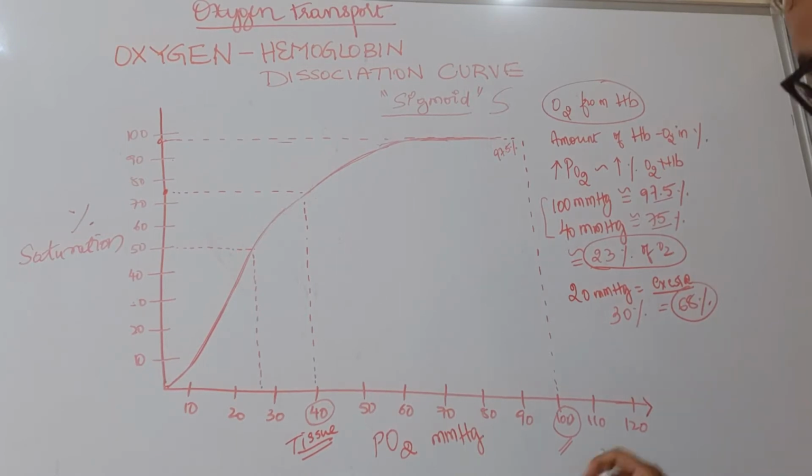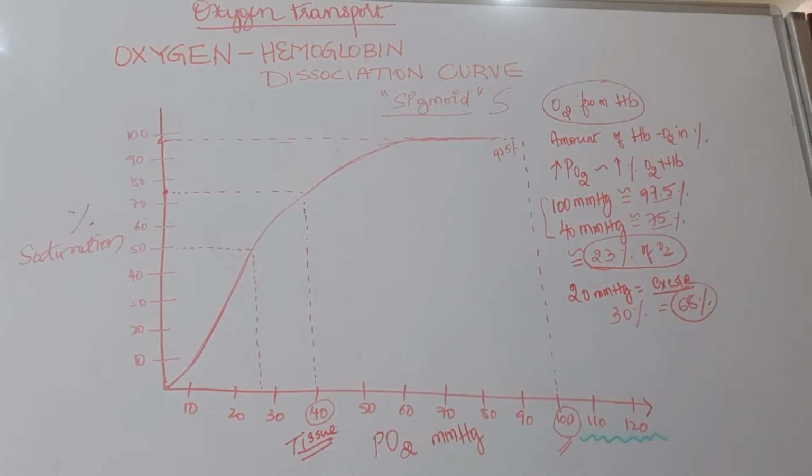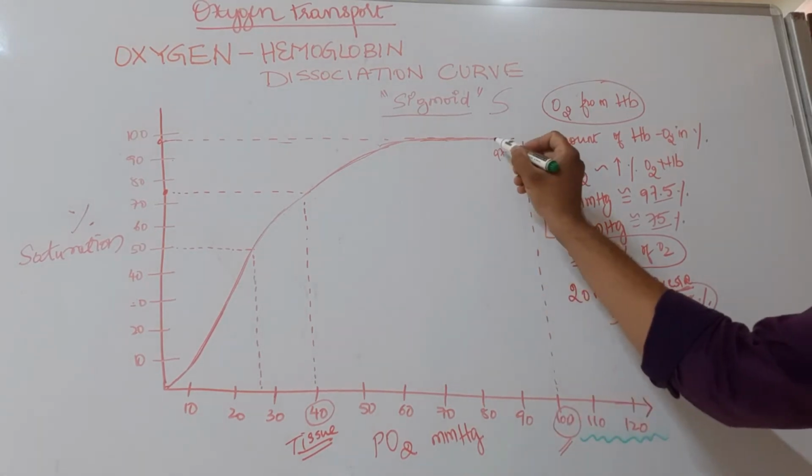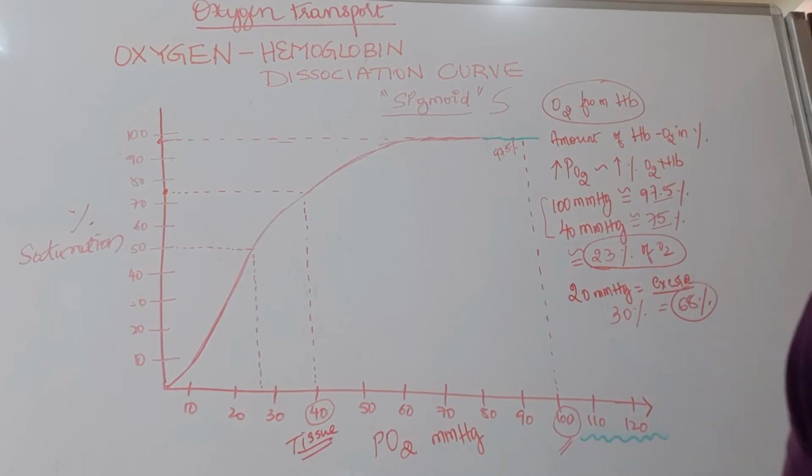It explains that whatever the increase in the partial pressure of oxygen above 100 mmHg, the binding capacity remains the same. It is fully saturated, it can go up to 100%, not more than that, because the hemoglobin molecule is completely saturated with oxygen.